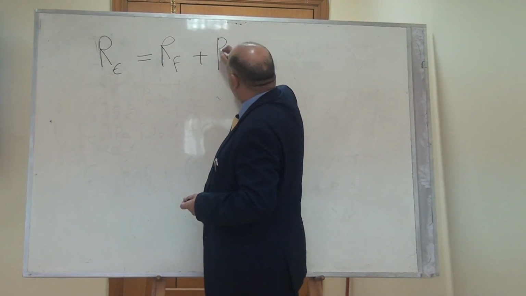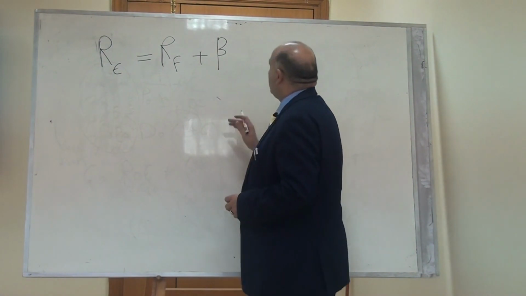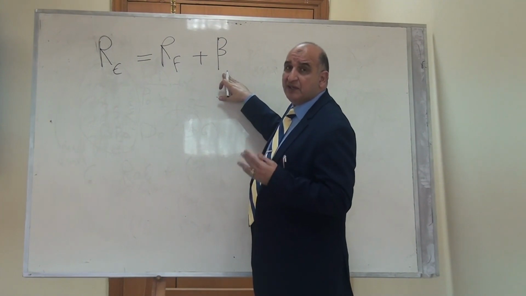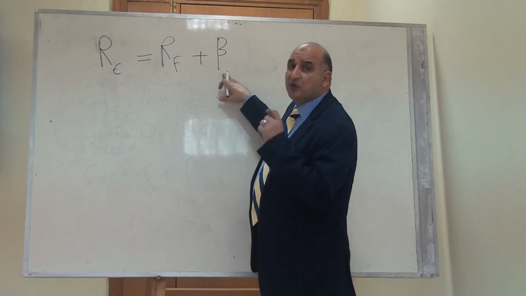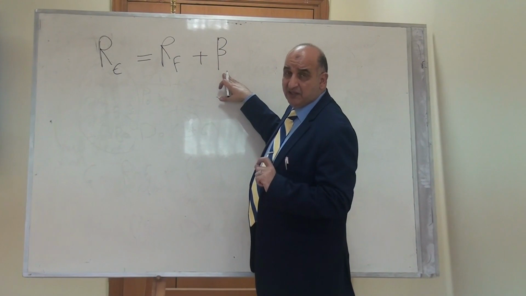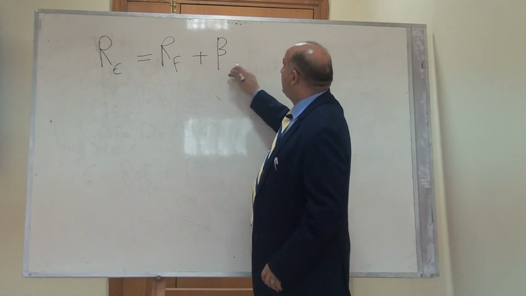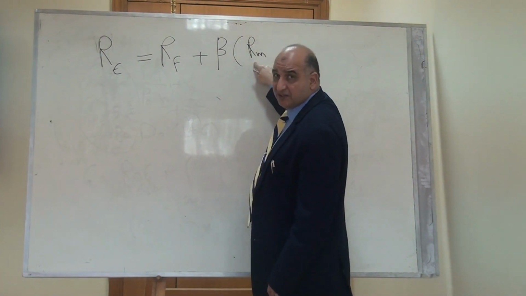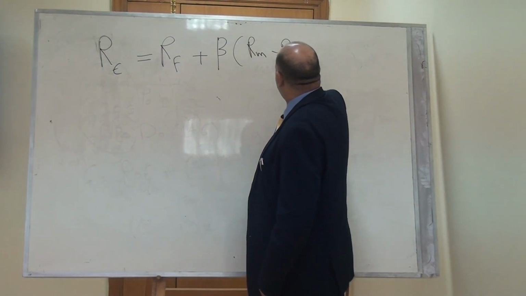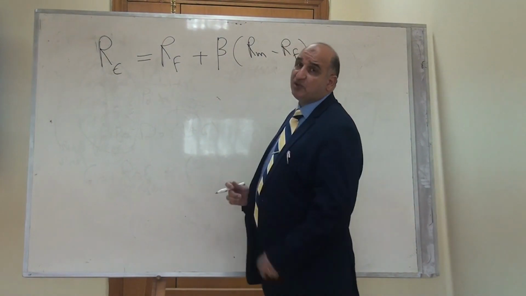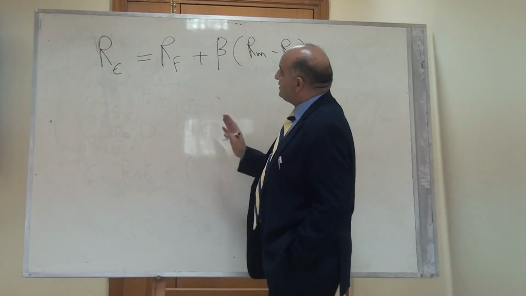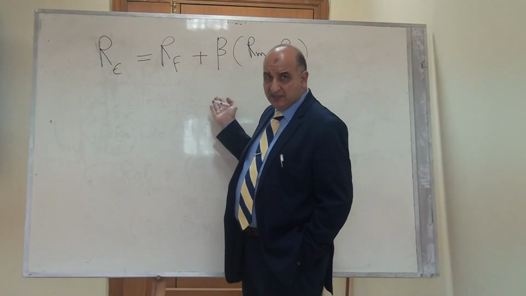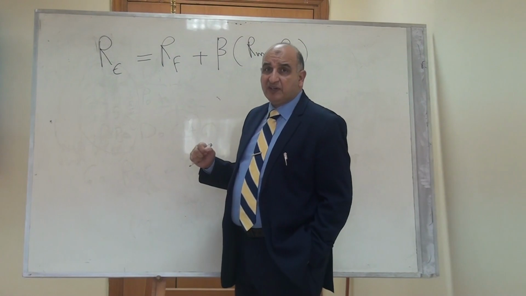The risk will be measured by beta. Inshallah later we will explain how we can calculate the beta of the company or of the project. This is multiplied by the return of the market minus the treasury bills rate of return. Okay. This is the equation we have to use to calculate the cost of common stocks.